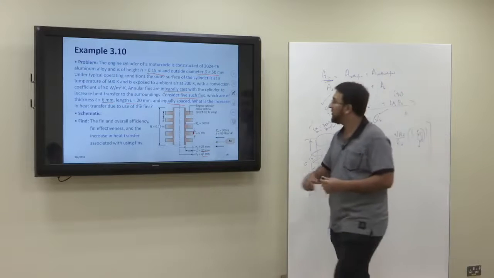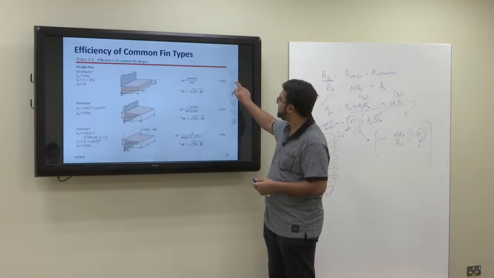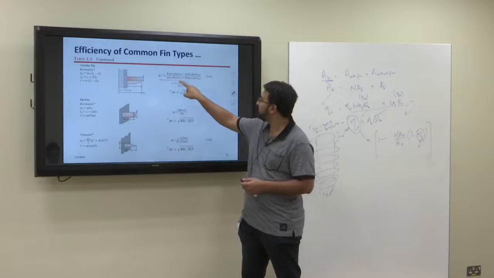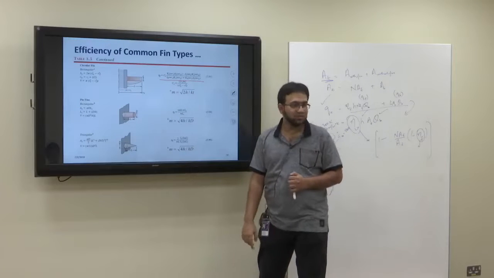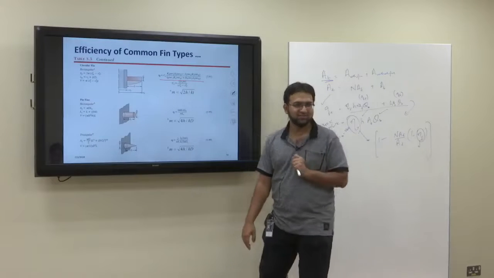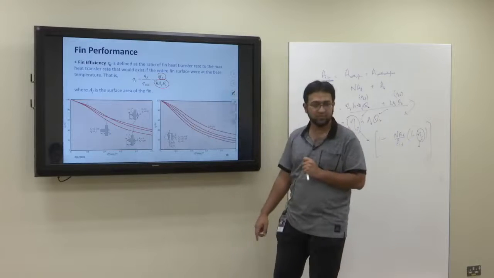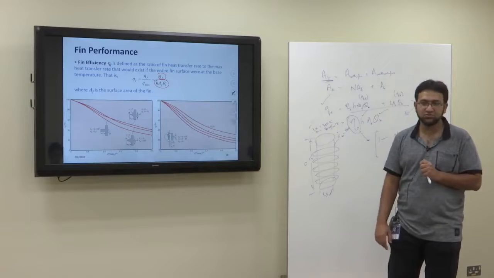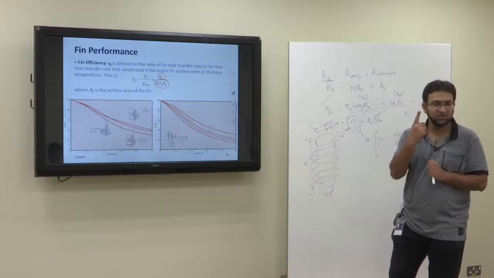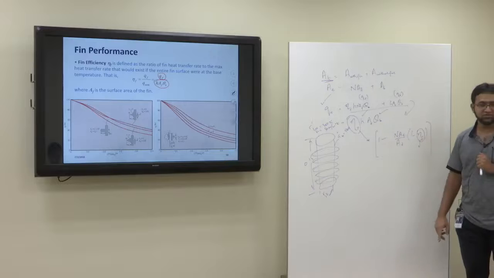You remember? If I go back, that's the formula for the annular fin. I need the efficiency, right? I can do this, but it's a very complicated formula. I can directly use the graph, it's better. If I go further back, I had this graph, and that graph was supposed to tell me the efficiency of this single fin, the single annular fin, which I'm going to place here to get the overall fin efficiency.